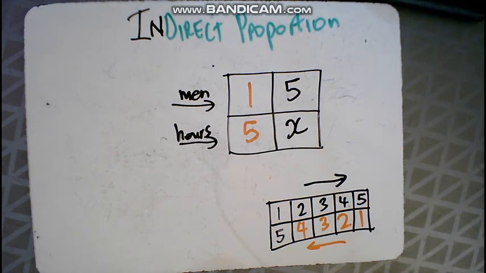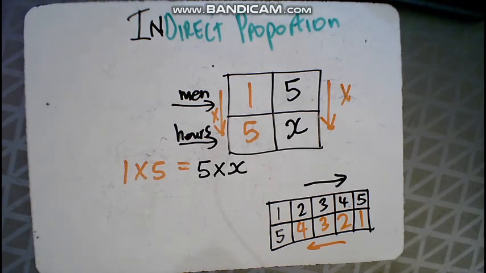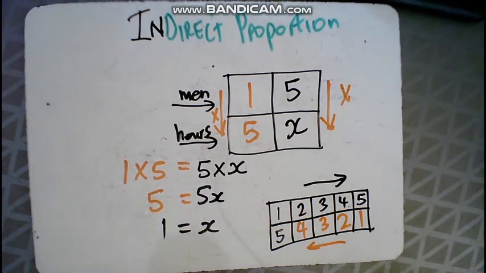By multiplying down, we have 1 times 5 is 5, and 5 times x is 5x. Then solve for x. We're not interested in 5x, we're interested in 1x. So we must divide both sides by 5. Dividing both sides by 5, how much will you get? Correct, you'll get x is equal to 1. I hope this example makes sense.